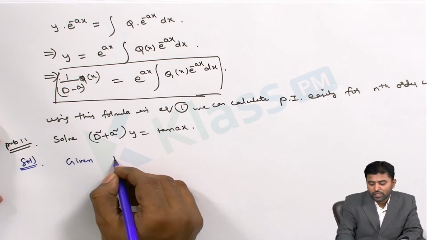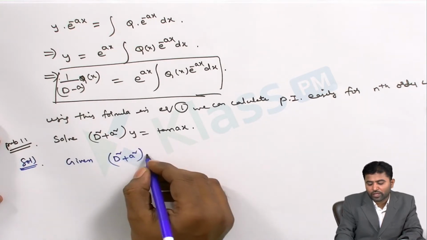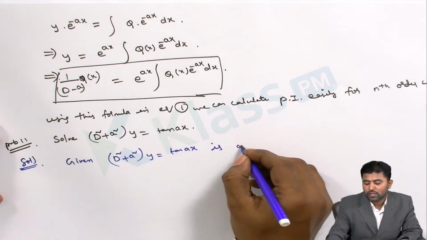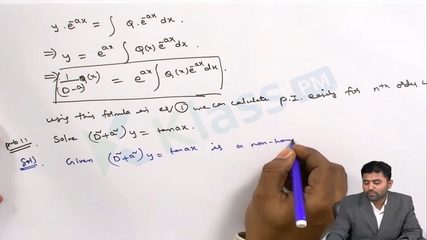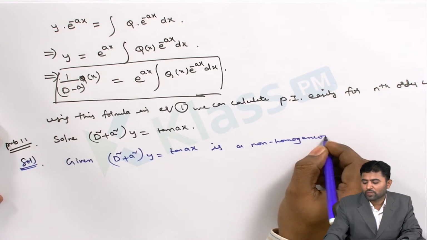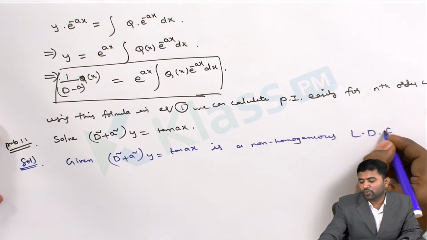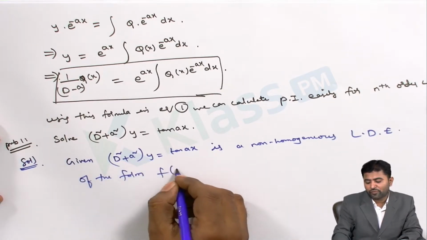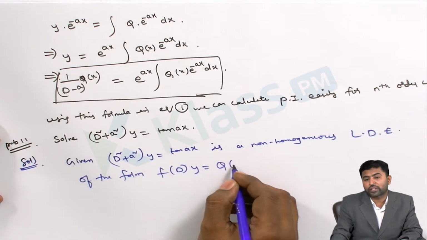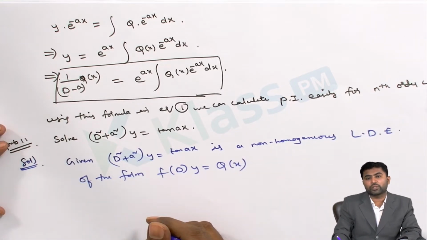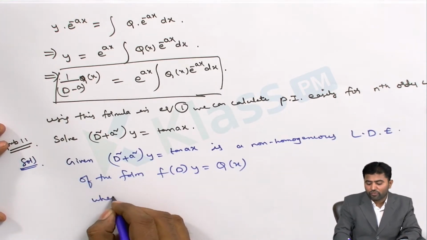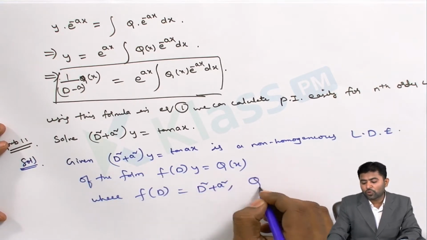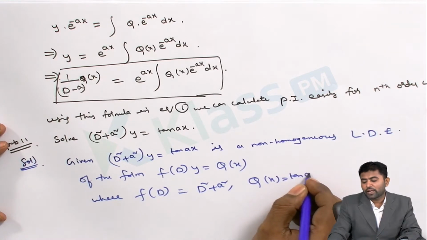Given d square plus a square into y is equal to tan ax is a non-homogeneous linear differential equation of the form f of d into y is equal to q of x, where f of d is equal to d square plus a square and q of x is equal to tan ax.